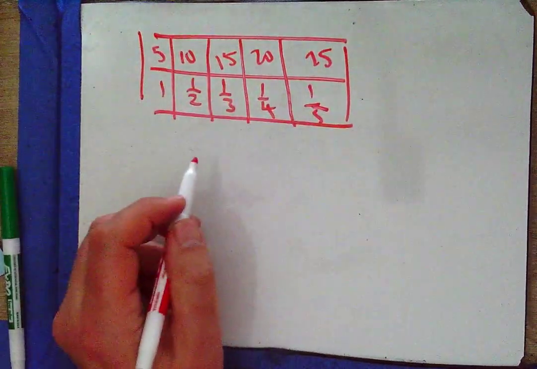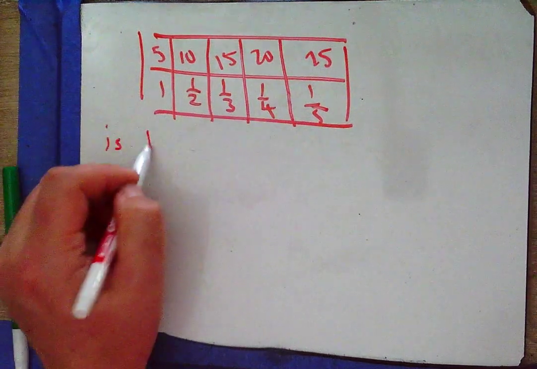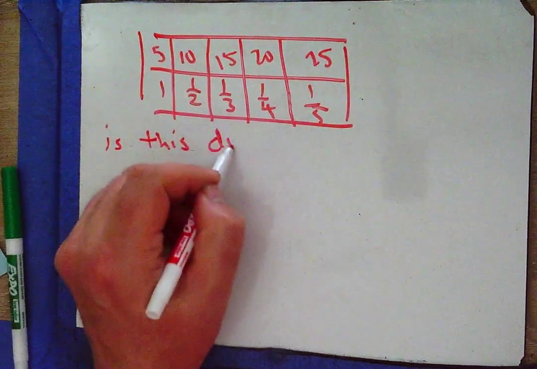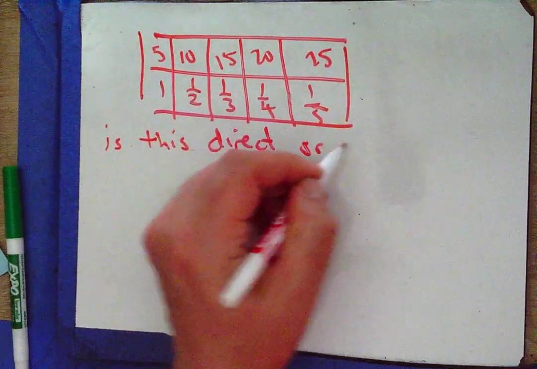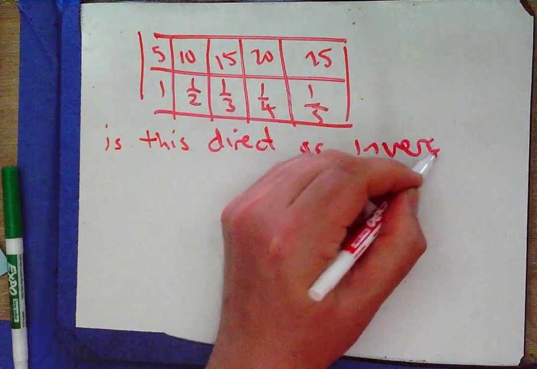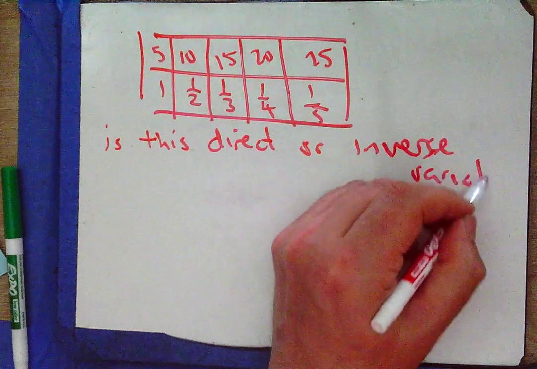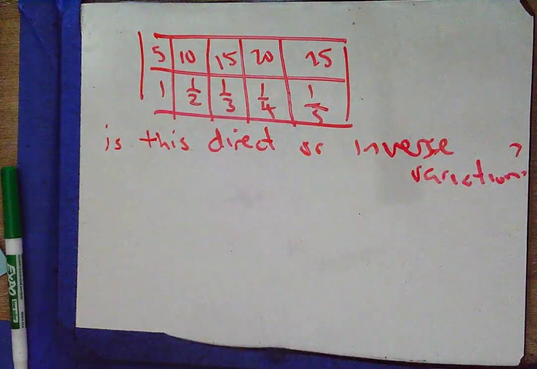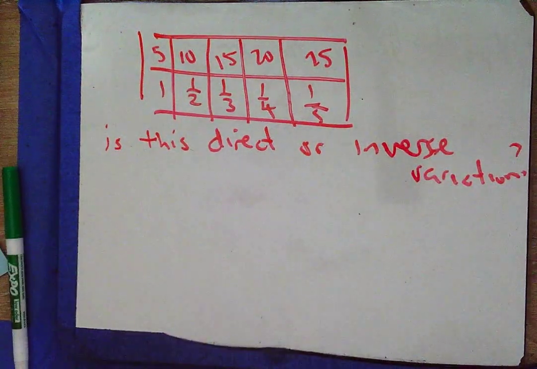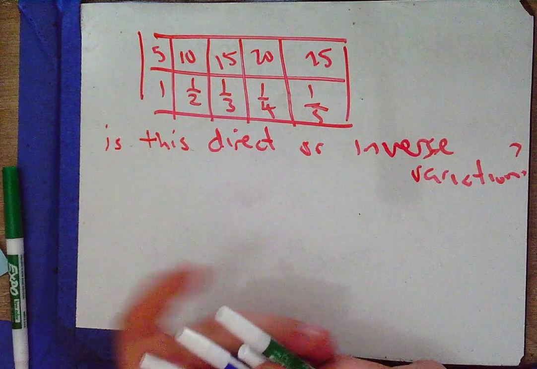And they ask me, is this direct or inverse variation? And then they'll ask me, once I've determined which it is, to build that variation model. But let's think about how we could answer that question.